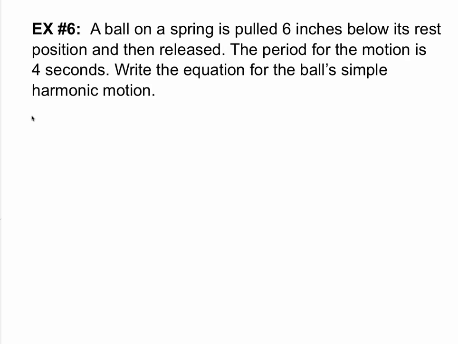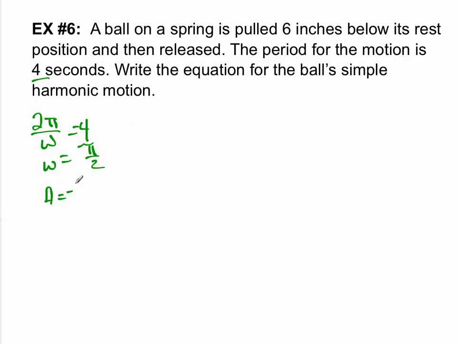Well, let's use a cosine function because the ball is pulled from the rest position downward to start. So I know 2 pi over omega has to equal 4. So omega is pi over 2.